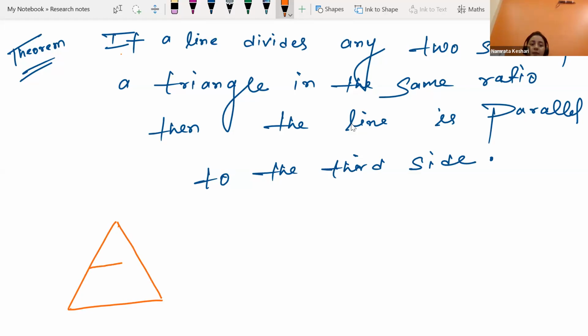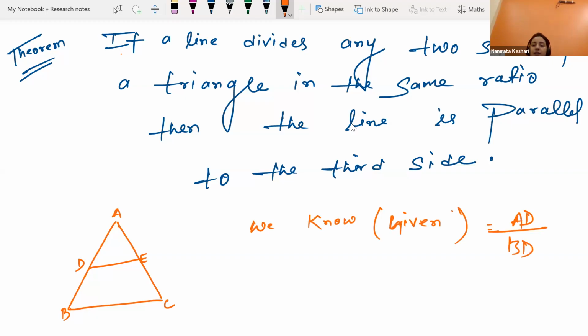Suppose we have a line DE, which is dividing the sides AB and AC in the same ratio. It is given that the ratios are the same, that is AD by BD is equal to AE by EC.